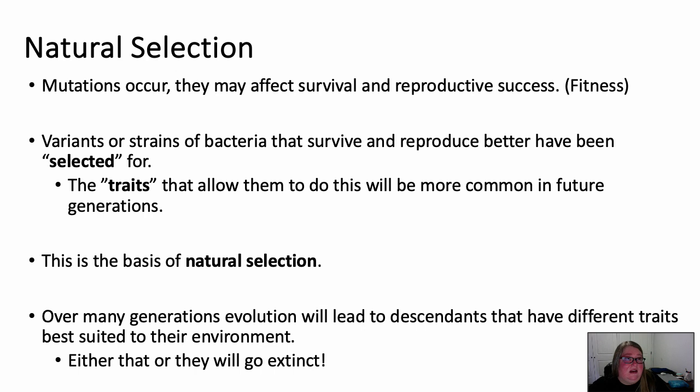Fitness is going to affect how that organism survives and whether it has reproductive success. There's one main goal of all living things, and that's to have reproductive success. This means they want to survive long enough to reproduce and pass their genes on to their offspring, to the next generation. Certain mutations, certain characteristics, are going to allow one organism to survive over the other.